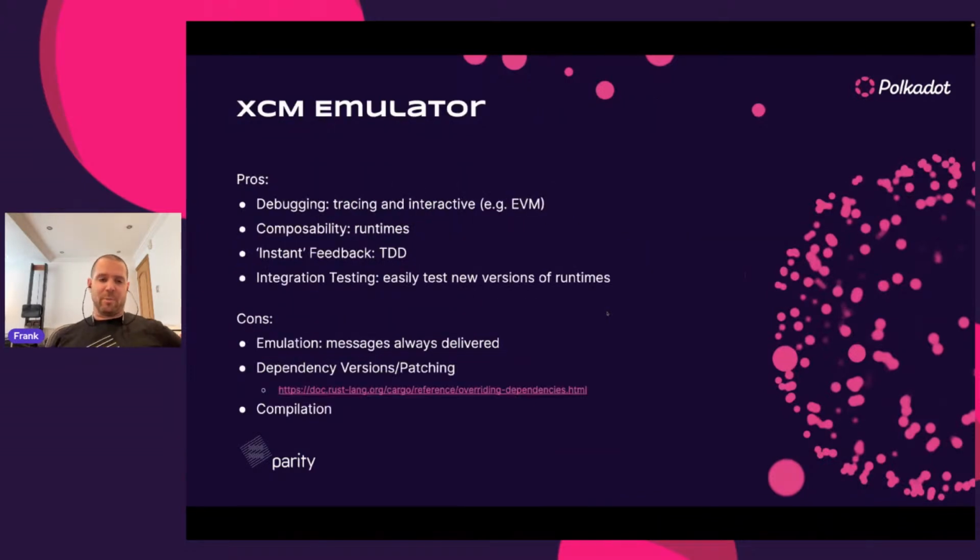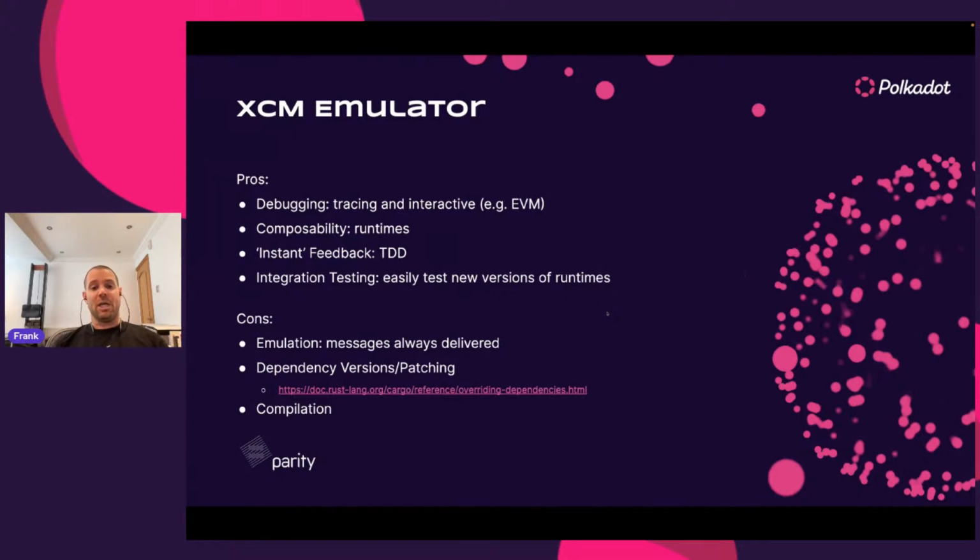Very briefly, some pros and cons of the emulator. Some of these apply for the simulator as well. From my perspective, the best part of it is the debugging. Bruno showed you the tracing. I'm hoping to show you a little bit of interactive debugging as well, and how you can get right inside the different parachain runtimes, or even down into the XCM Executor itself to inspect what's going on, looking at holding registers, etc. I've also found in the past that it can be quite useful to see what's going on in the EVM.